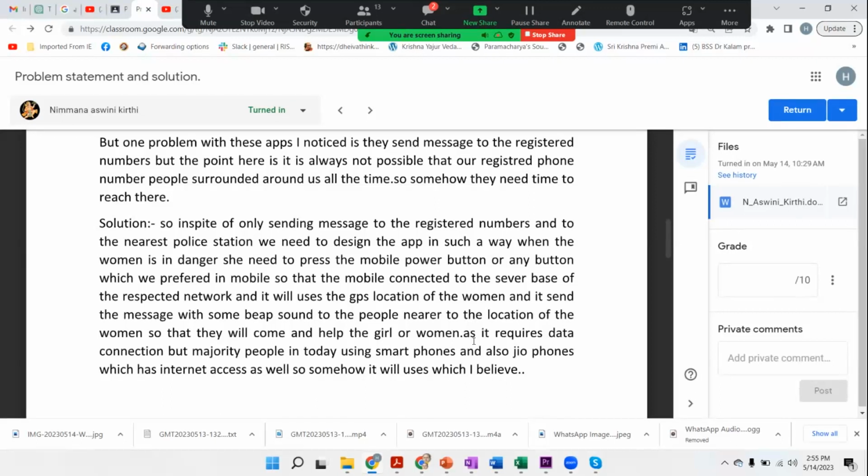It requires a data connection, but nowadays the majority of people use smart mobiles, and even some people using Jio mobiles have internet access, so it will work.